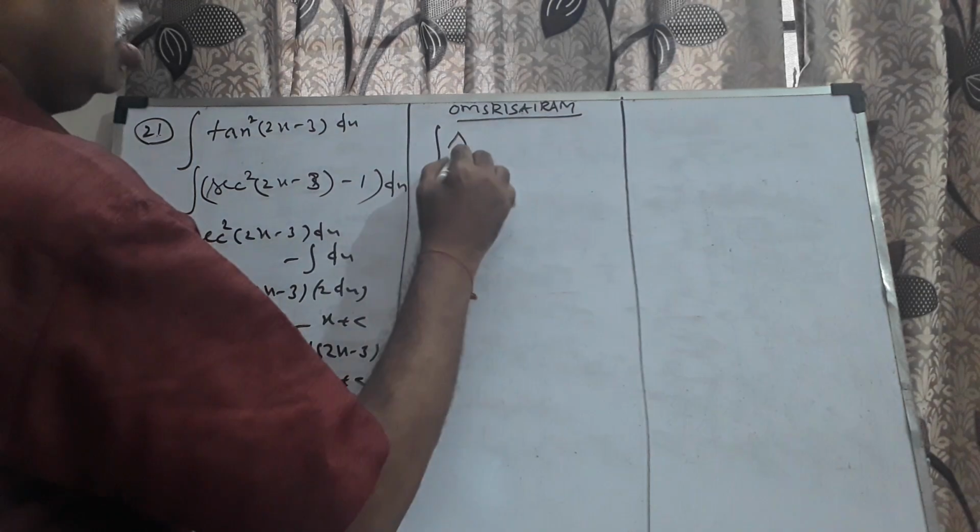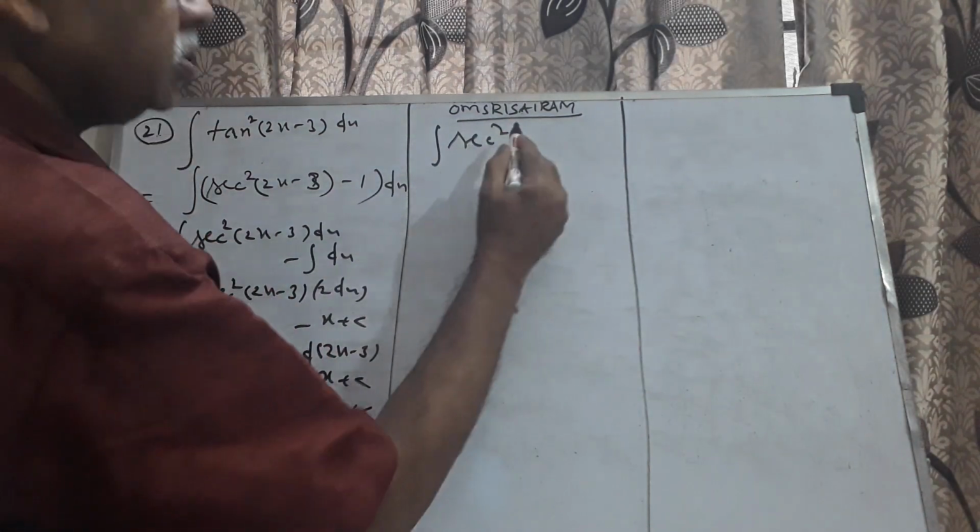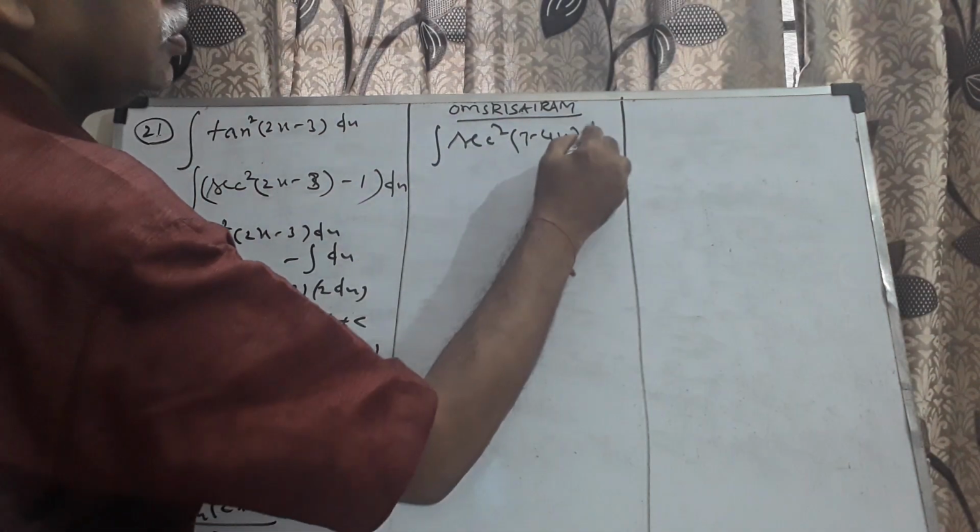Then integral secant square of 7 minus 4x dx.